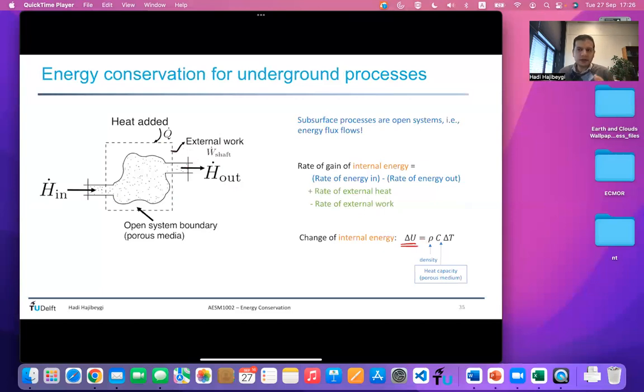So that's just typical approach in the subsurface process. So I have the total U, change of the entire energy, will be rho C delta T, right? And since I'm approaching it as a control volume based, in a way, I am writing it for a unit volume. And then I need the mass of that volume, which would then require me to write density times C delta T. Yeah? I am not writing it per mass here, in a way.